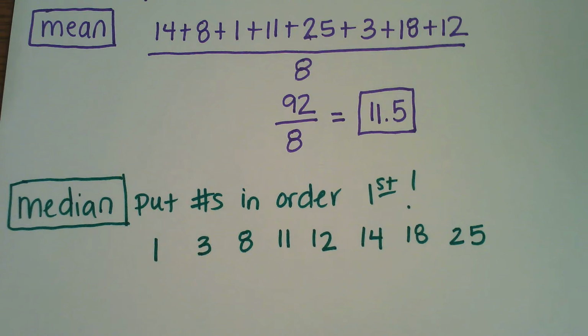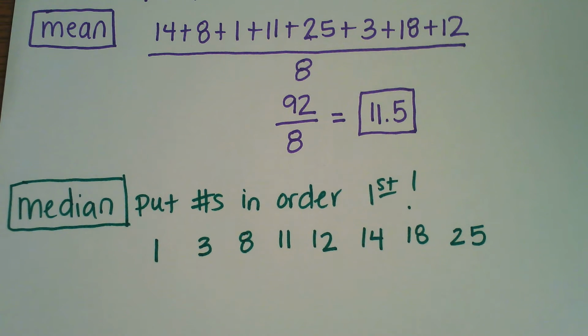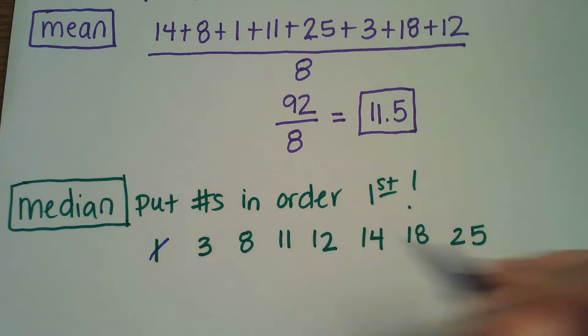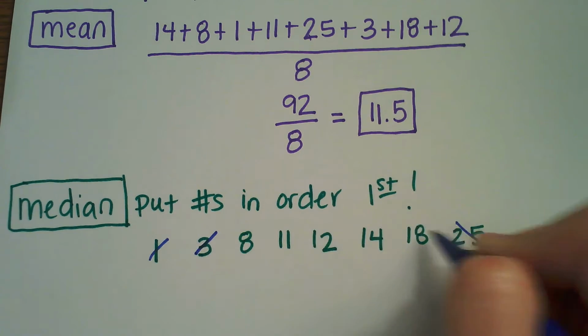And I always just like to count them to make sure that I've written them all down. 1, 2, 3, 4, 5, 6, 7, 8. Looks like I got them all. So I'm going to cross the numbers out until I get to the middle.